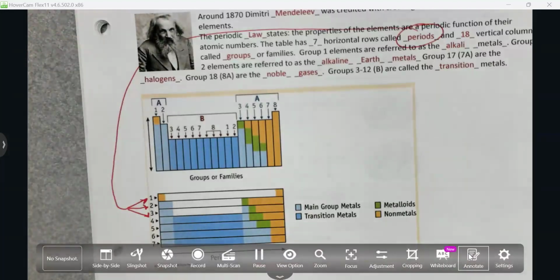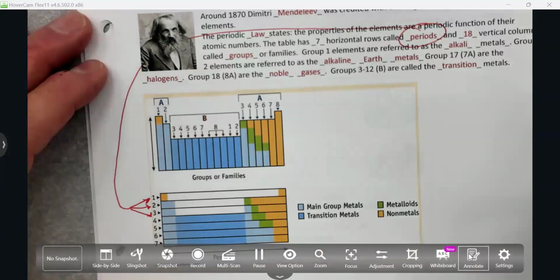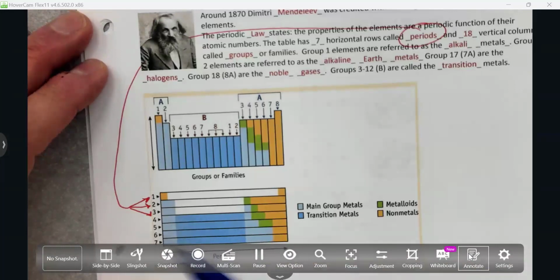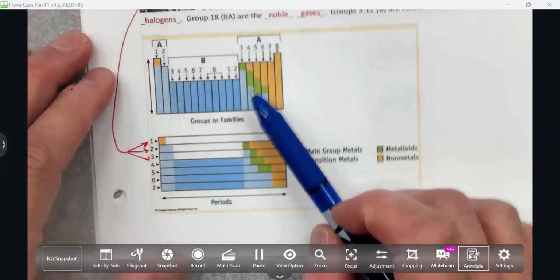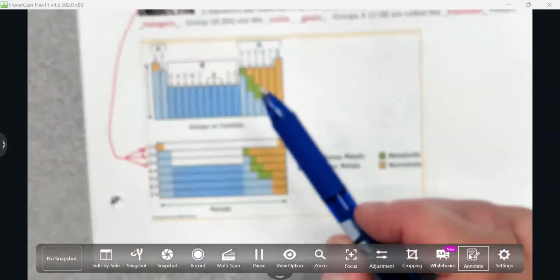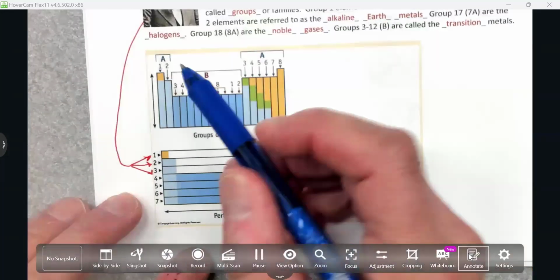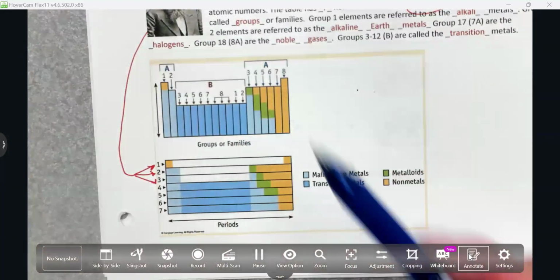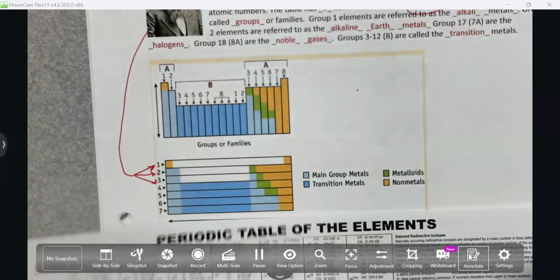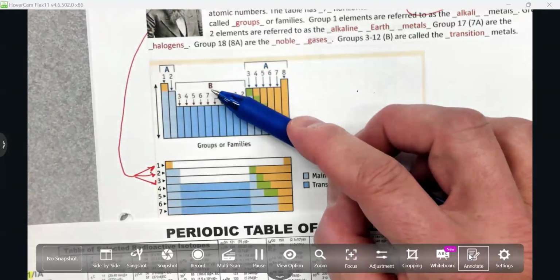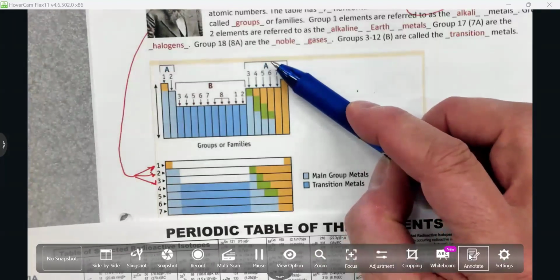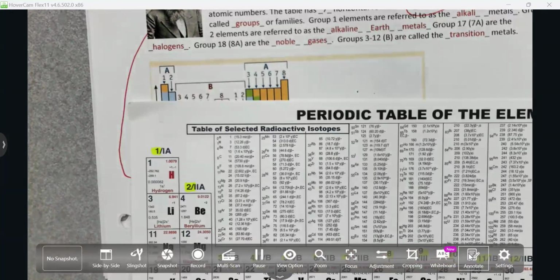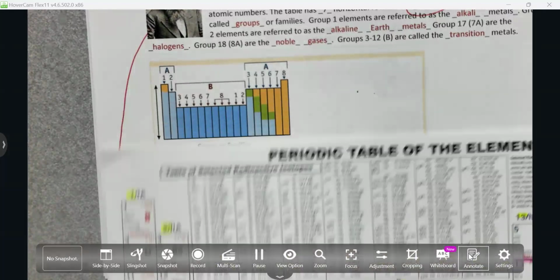Now, be careful with this. So we've got 7 periods here. We've got 18 vertical columns. With vertical columns, we'll look at it on this table because you can't trust the A and the B to be the same. So be careful in OWL. Let's look at this table. It actually matches.